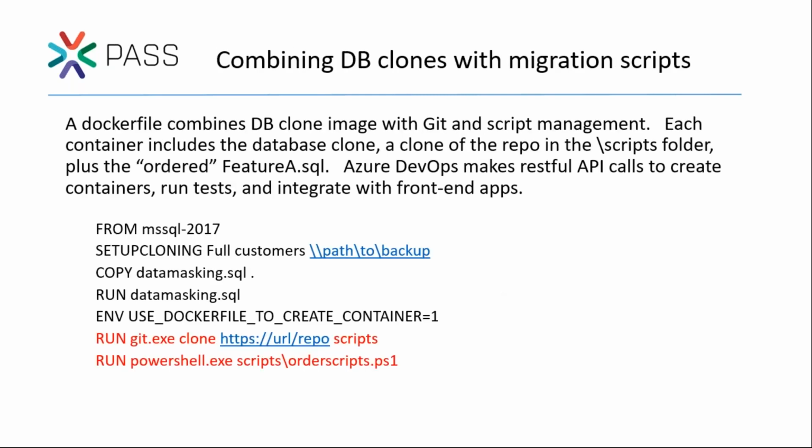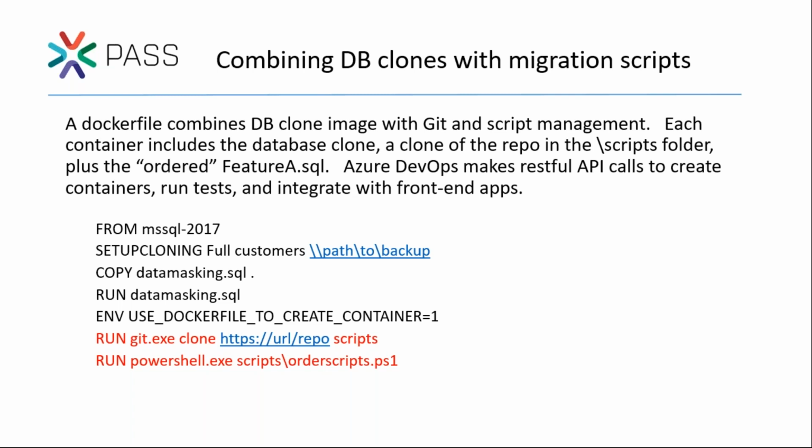And we're going to incorporate that into the Docker SQL Server image. So what we have here is an image. We're using SQL Server 2017, where we have a database clone that's built on a backup of the customer's database. We're running a data masking script on that database environment.